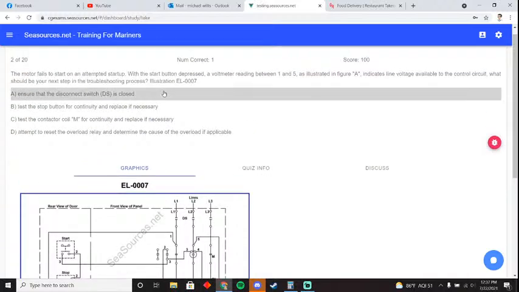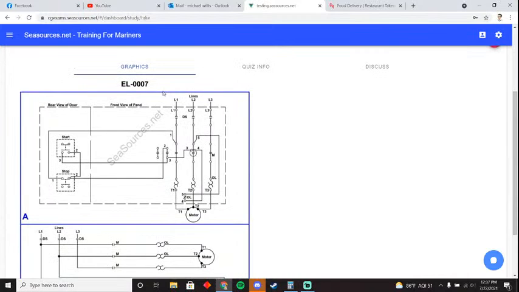So what they're talking about when you look at the schematic, you're putting one lead here and one lead here, and you're reading the line voltage off of this and this.